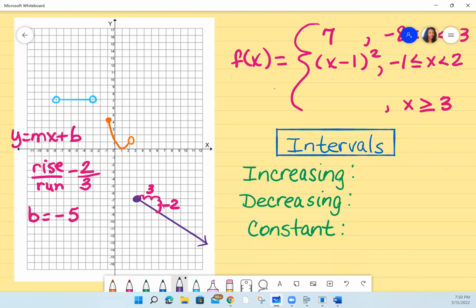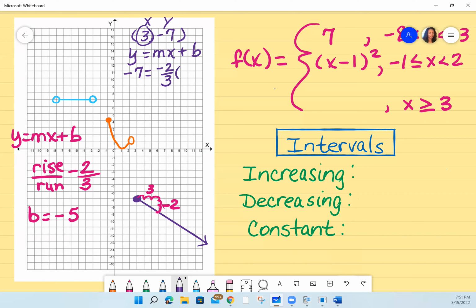Let's try another way. Let's take the actual point 3, -7. This represents x, this represents y. If I'm putting it in the slope-intercept form, I am going to substitute the y, so that's going to be -7. My slope m, we said, was -2 over 3.